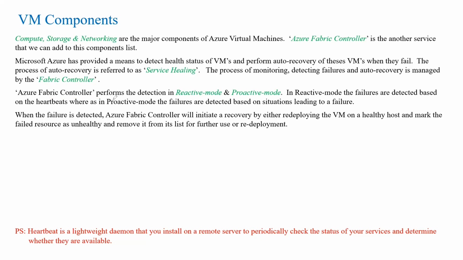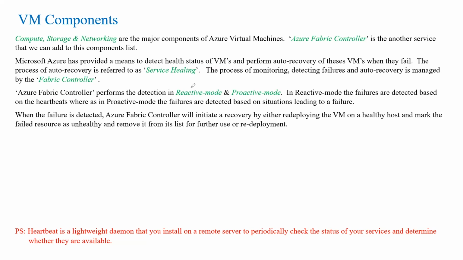It keeps checking the working status of the virtual machine, like the CPU. Is the CPU getting overheated, or overburdened with many applications running? Similarly, the RAM memory: is it running short of memory, or is there any virus, malware, or spyware infection? Is the virtual machine behaving abnormally?